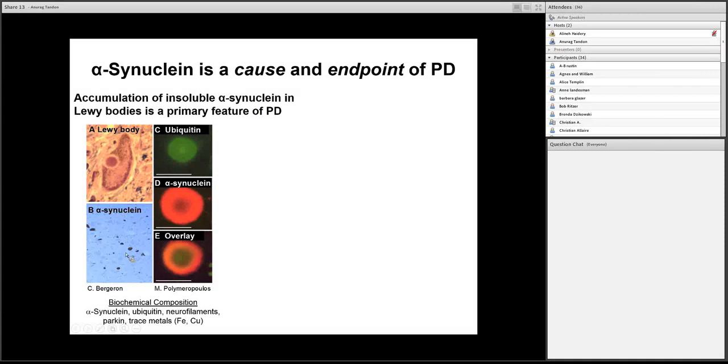This is Parkinson brain substantia nigra, which shows Lewy bodies as well as dense aggregations of alpha-synuclein staining. And there's also a second protein, which is heavily found in these Lewy bodies, which is ubiquitin. And it's usually found in conjunction with alpha-synuclein.